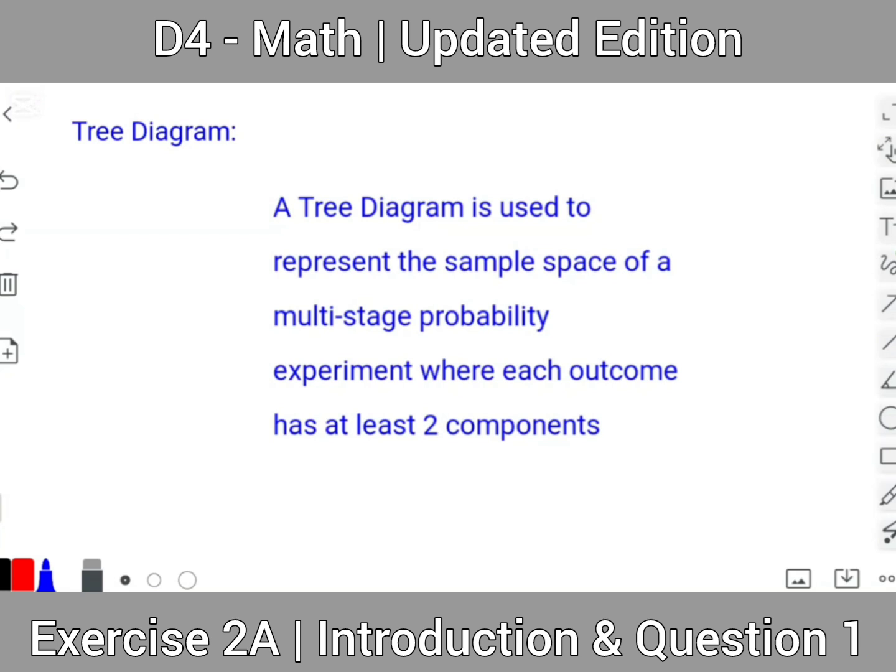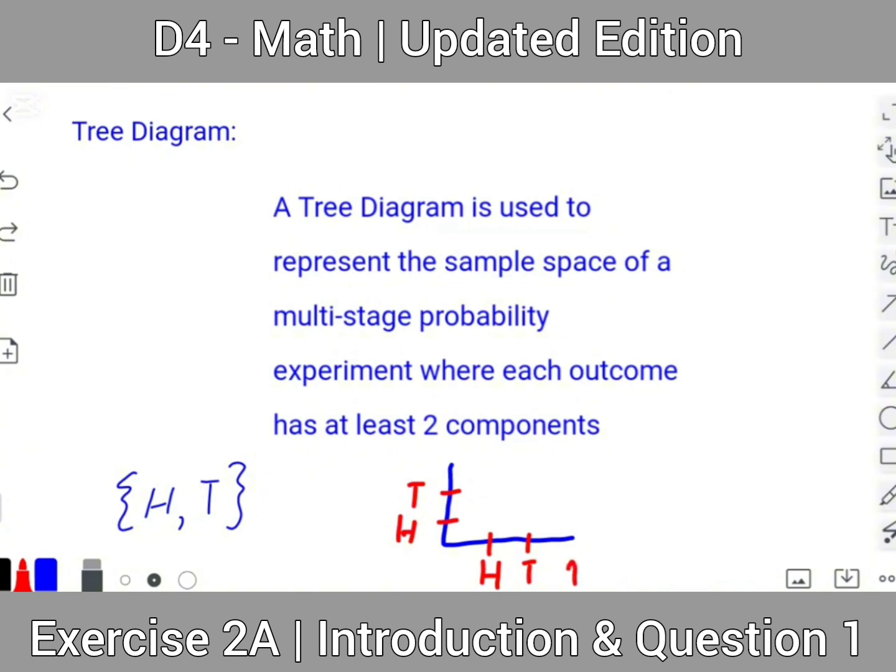But first we will see the sample space for tossing a fair coin, that is head and tail. Now the sample space diagram for tossing two fair coins will be represented like this: head and tail, head and tail.